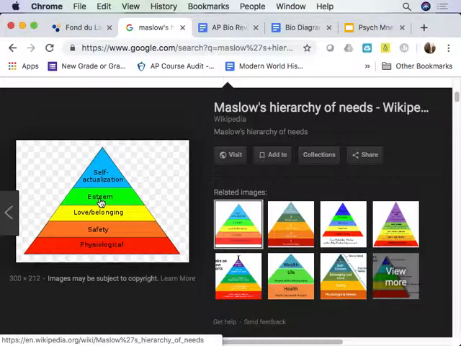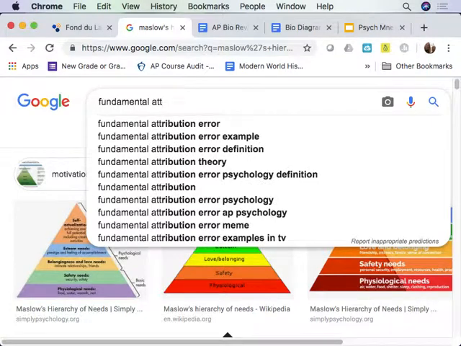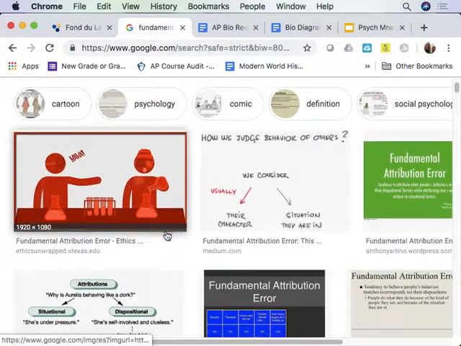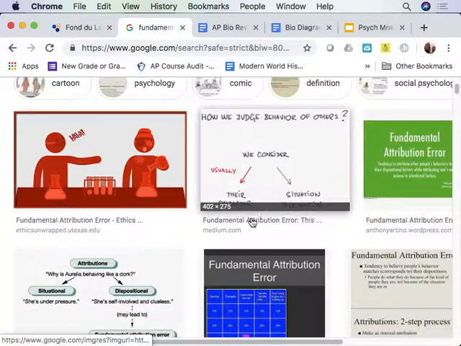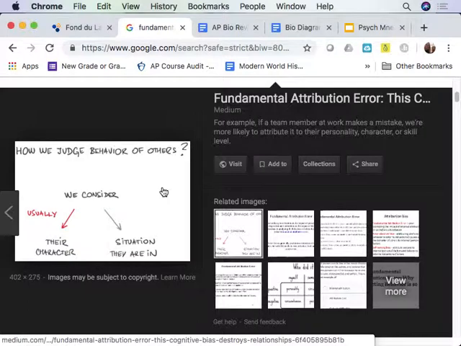Okay. So I would say fundamental attribution, self-serving bias, and I know actor-observer effect was on there too. Fundamental attribution error. Okay. So basically what we're looking at here is how do we judge the behavior of others?